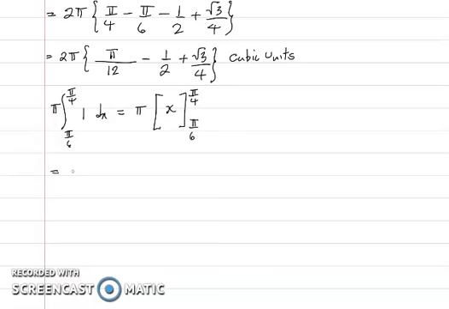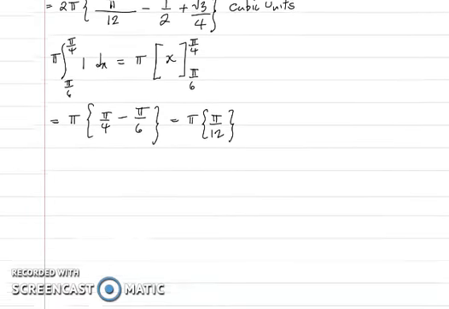So now we're going to have pi, and then we have pi by 4 minus pi by 6. 12 being the LCM, our final value would be pi multiplied by pi by 12. All right, and of course we're going to subtract the two volumes.